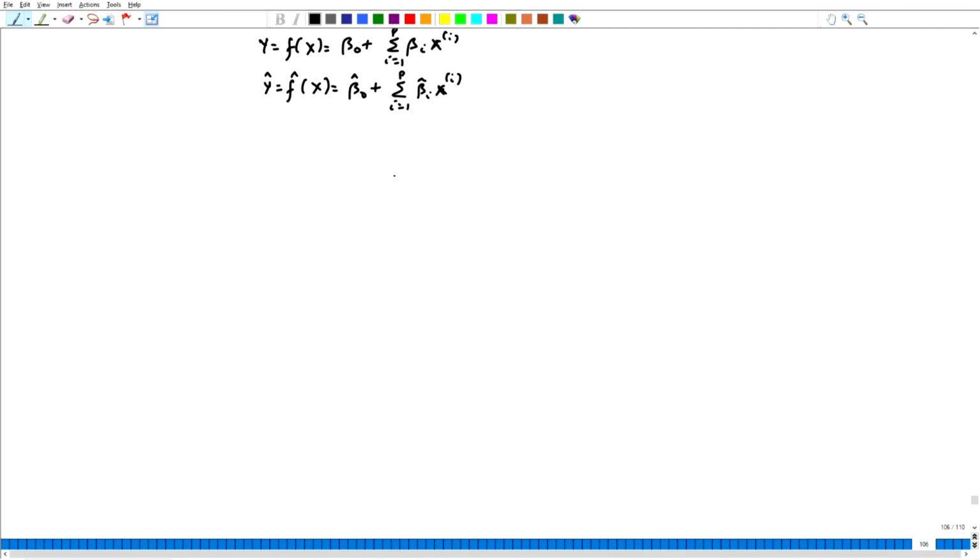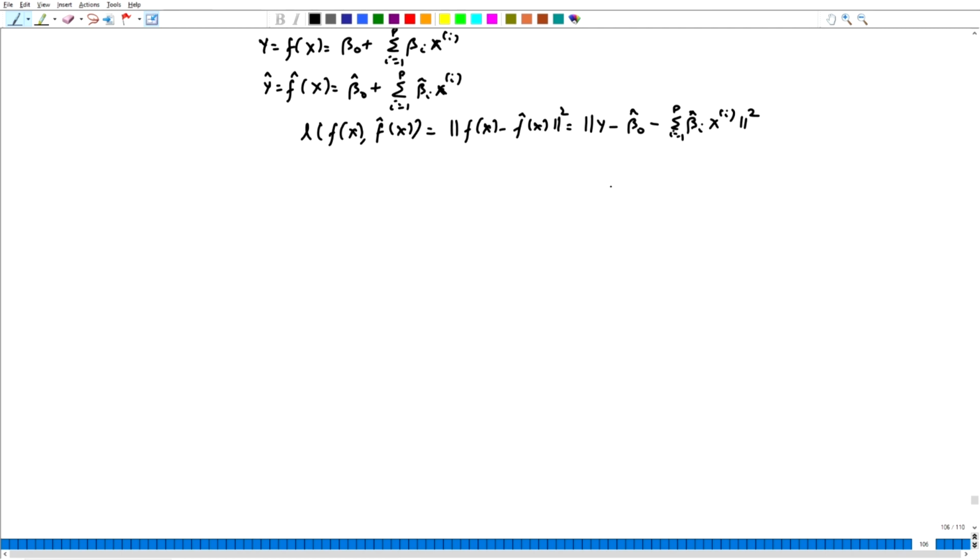If you want to minimize the squared loss, L of f of x and f hat of x, that is the norm of f of x minus f hat of x squared, which is y minus beta naught hat minus summation beta i hat x i, i equal to 1 to p, squared.